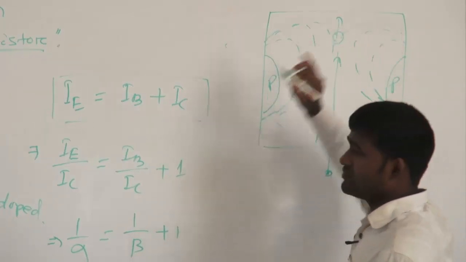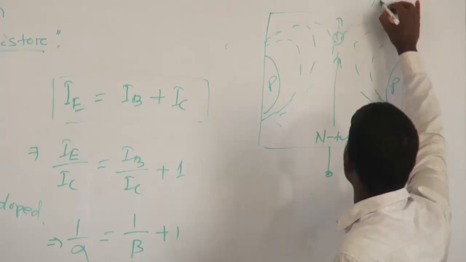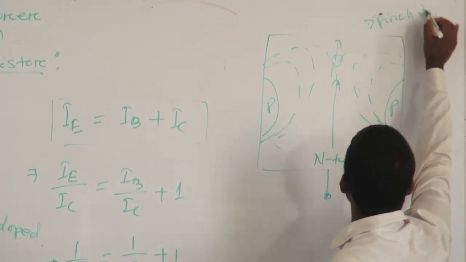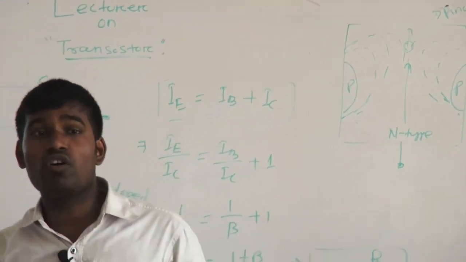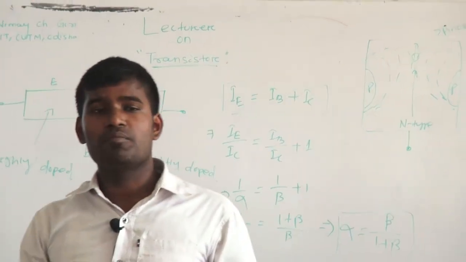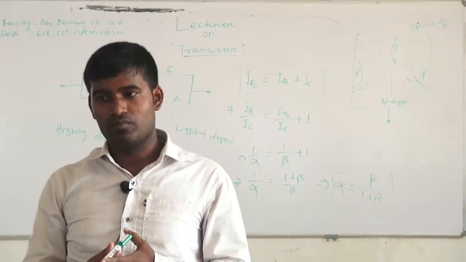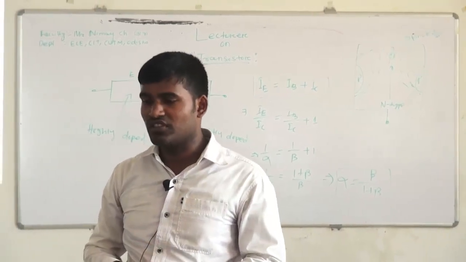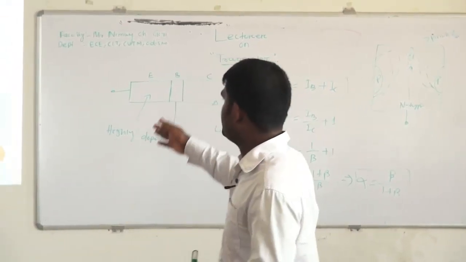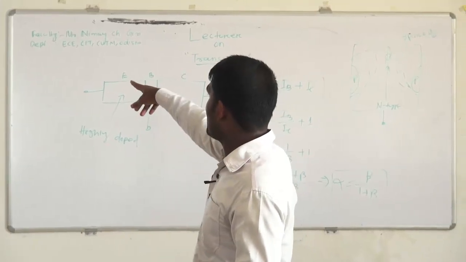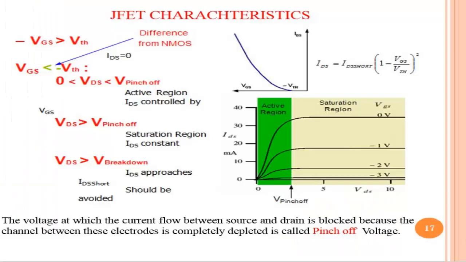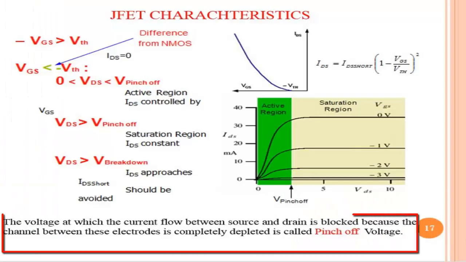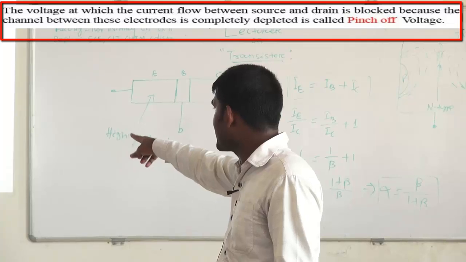One point will come, that point is known as pinch off, where no current conduction will occur, or a very minimum amount of current flows through the circuit. And ID is equal to IDSS (1 minus VGS/VP) squared, this is known as the Shockley equation. The pinch off value is the voltage at which the current flow between source and drain is blocked.